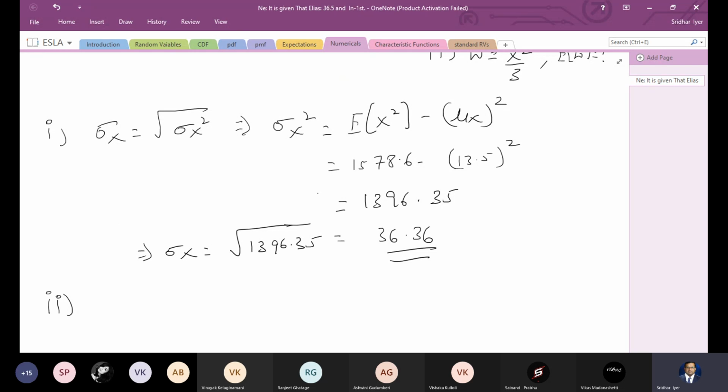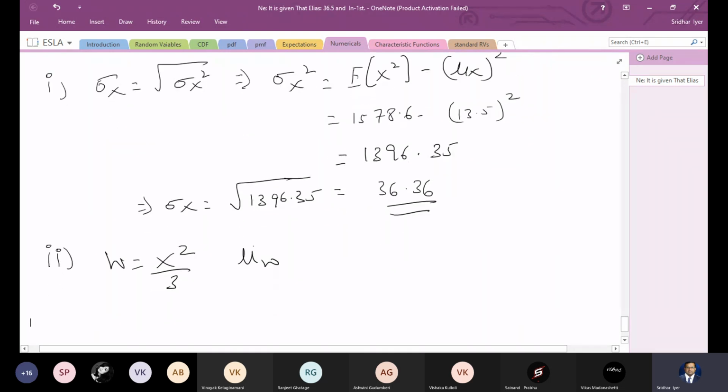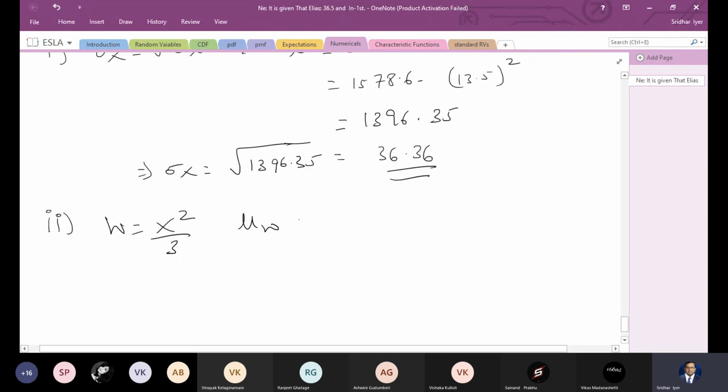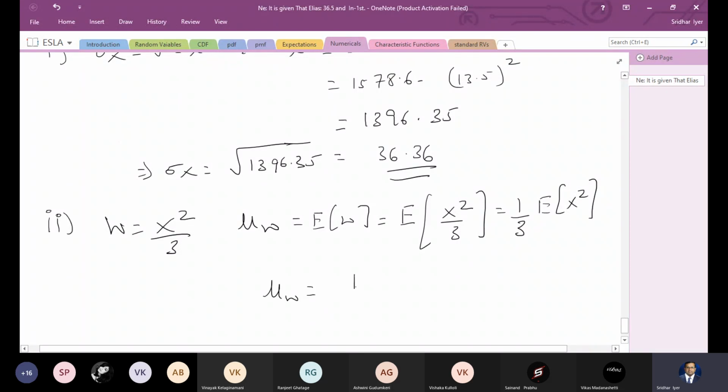The next part is we are given w, which is x square by 3, right? And we need to find mu w. So mu w is E of w, and I'm going to substitute for w, which is E of x square by 3. 3 is a constant, therefore I'll get that outside the expectation, and you have E of x square, and E of x square is already given to us, therefore mu w is 1578.6 divided by 3.